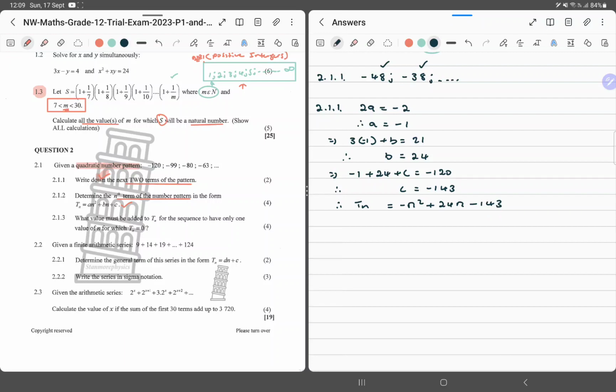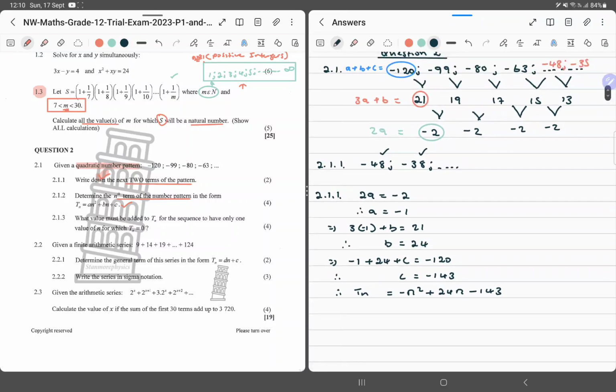Now, once we get to this stage, we need to check whether our answer represents our sequence at all. Let's say term 2, for example. We're going to get minus 2 squared plus 24 into 2 minus 143. We're getting a minus 99. Okay, you can check the other terms.